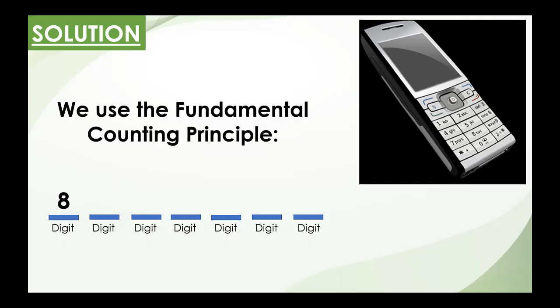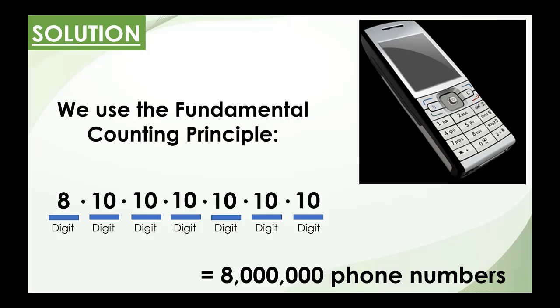But because the other digits had no restrictions, each one would have 10 possible numbers that we could put in each of those slots. The fundamental counting principle says multiply all these together. And when we do that, we end up with 8 million different phone numbers.